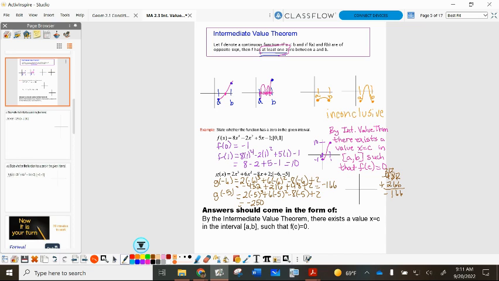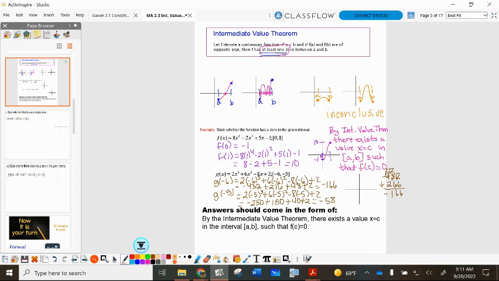Negative 5 squared is positive 25, times 6 is 150. 25 times 6, I always think of quarters there. Minus 8 times minus 5 is plus 40, plus 2. All right, so we've got 192 minus 250, negative 58.